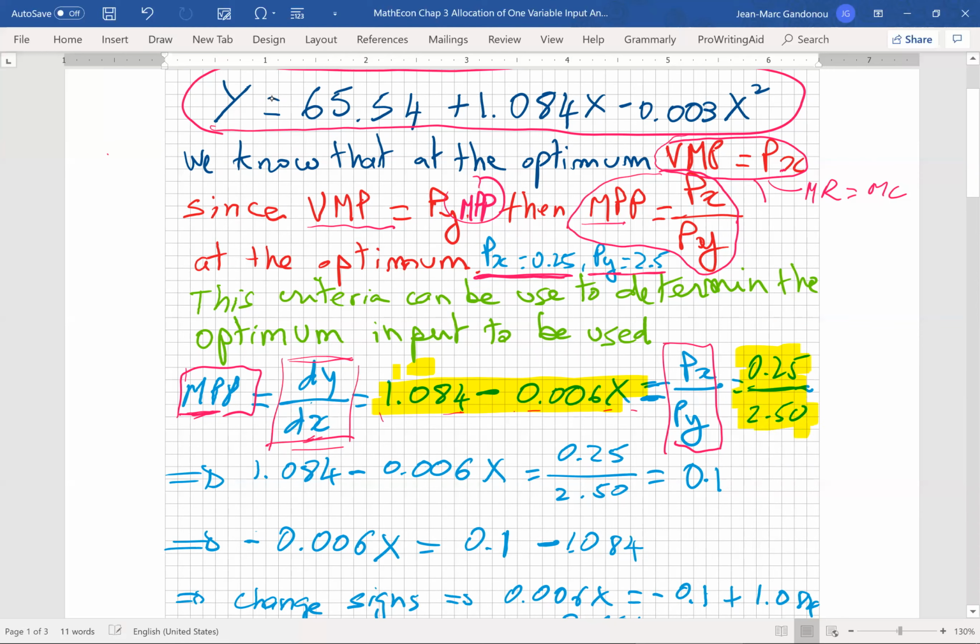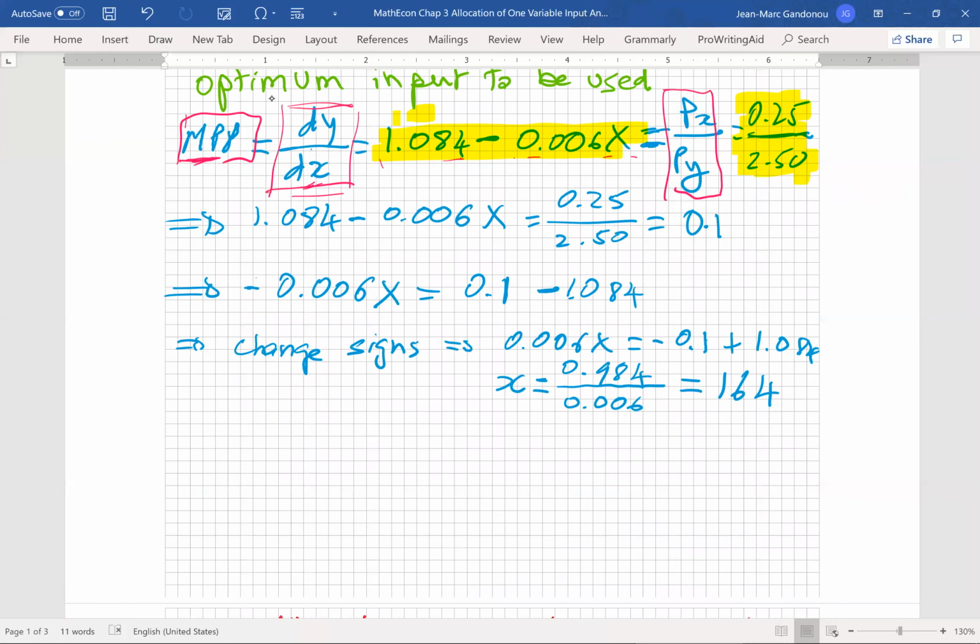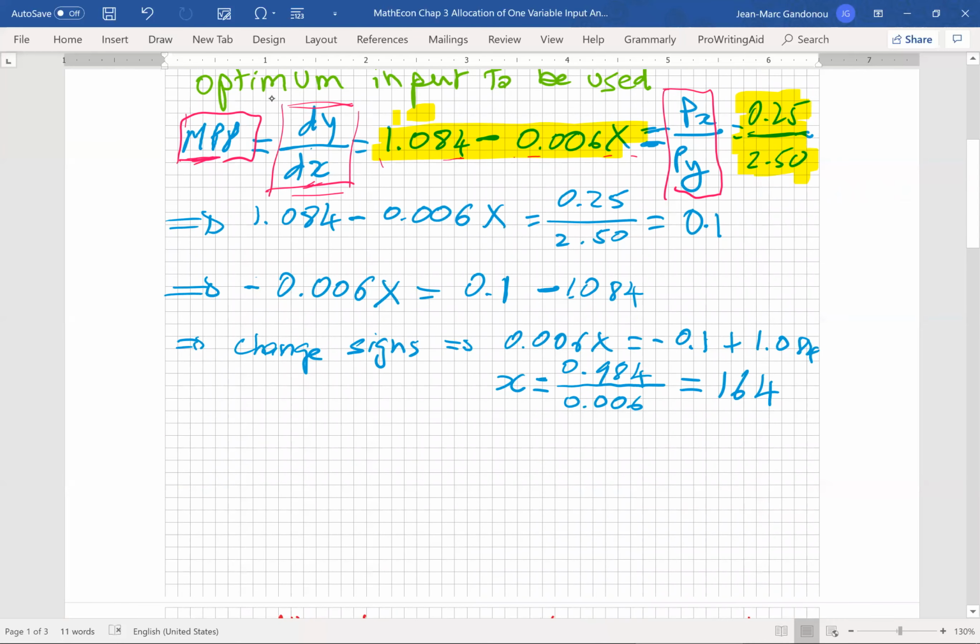Okay, and from there, that's all we have. And from there, we just derive x. What I put in yellow over there is the same thing, right?